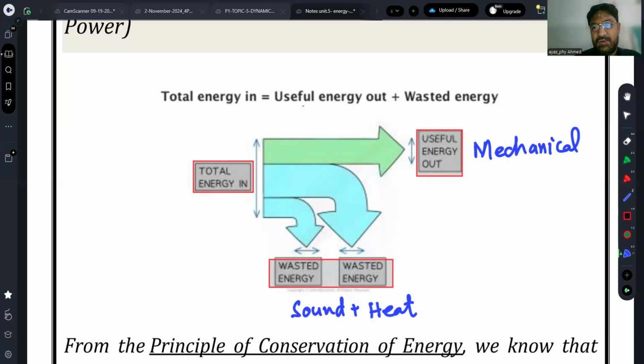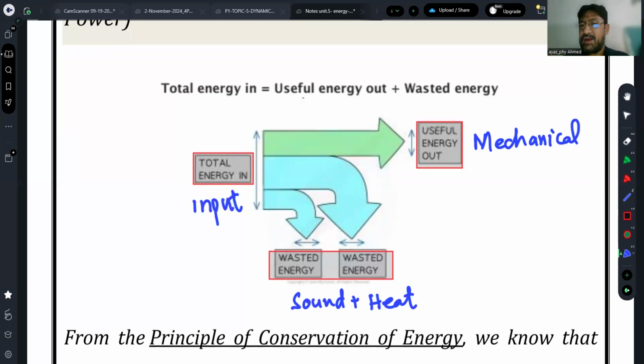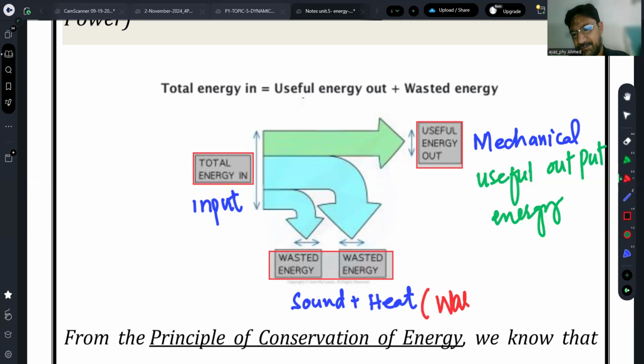Total, whatever you are going to provide, it is total input energy, and then this is your useful output energy, and the third one, which is here, I can write with red. It is basically the wasted energy, or lost energy, or dissipated energy. That is not used for the calculations of efficiency.